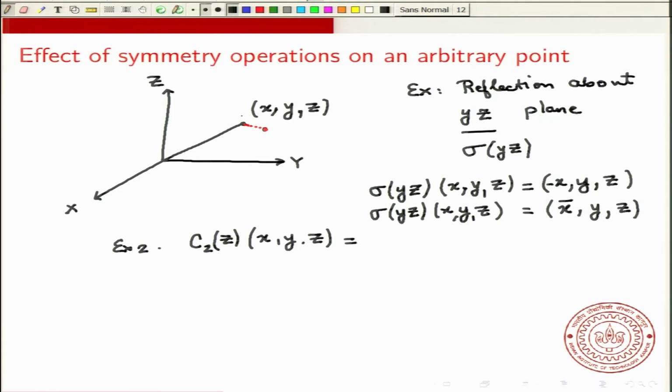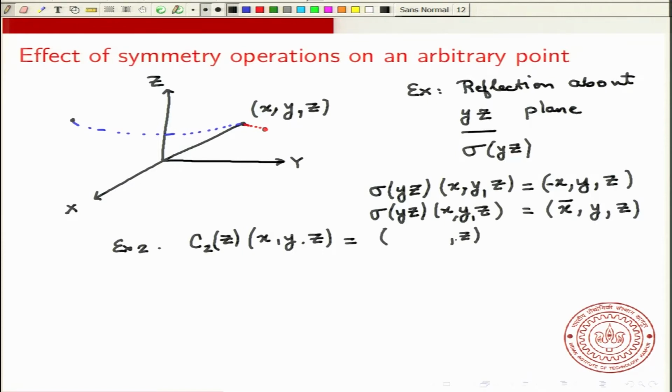So if I take this point and rotate it about the z axis, okay, then its z coordinate will not change, but its x and y coordinates will change. So if you rotate it by 180 degrees, C2 corresponds to rotating by 180 degrees about the z axis, then you can see that the new point will have the same z coordinate.